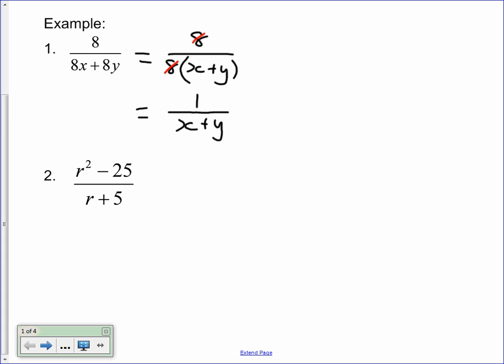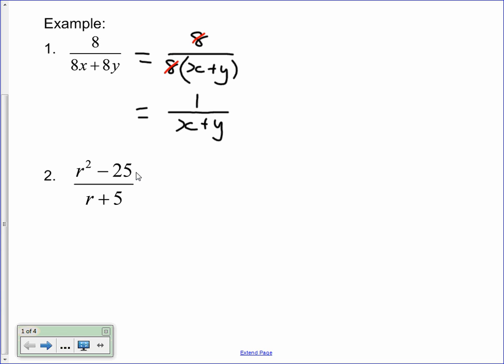Now we have this one, r squared minus 25 over r plus 5. Can we factorize the denominator, the bottom? r and 5, any common factors? No, there are no common factors. However, the top expression, what is this type of expression?